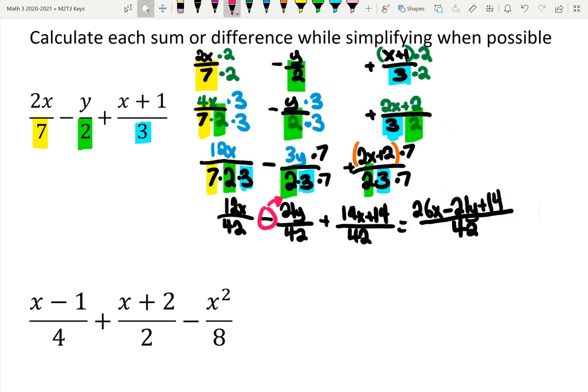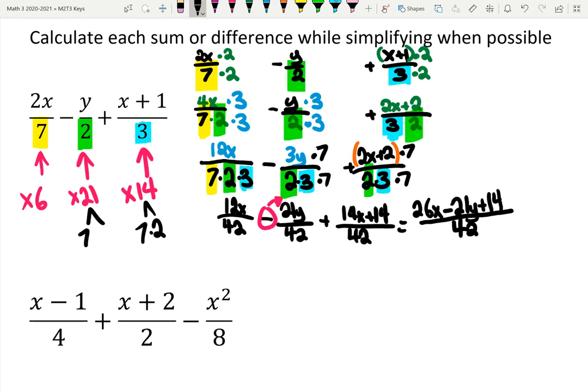If I wanted to multiply the 7 by 6, if I wanted to multiply both of them by 21, and then if I wanted to multiply 3 by 14 to both the numerator and the denominator, that would work as well. AKA you're multiplying by the missing pieces. Do you see how 14 is really just 7 and 2? Do you notice how 21 is really just 7 and 3? And 6 is 2 and 3? That's not an accident.